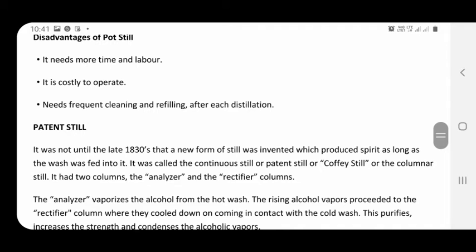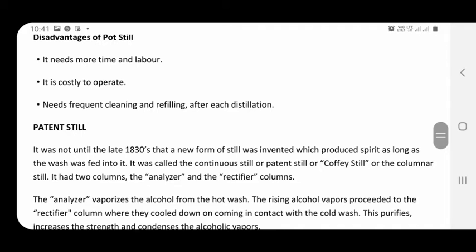It has two columns, the analyzer and the rectifier column. The analyzer vaporizes the alcohol from the hot wash.